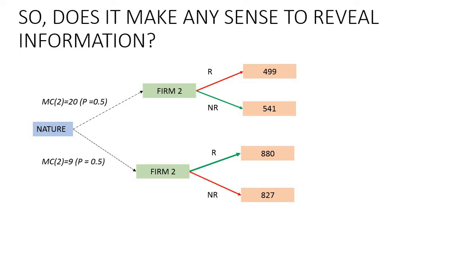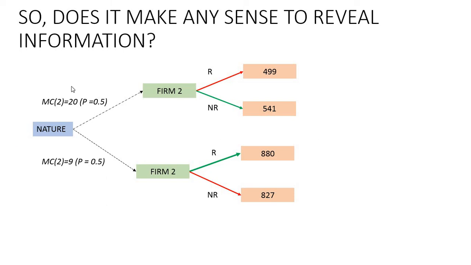So first, again, under any game with asymmetric information, first nature decides whether marginal cost of the second firm is equal to 20 or 9. Firm 2 knows this information, the first firm does not. So the first firm can only know whether the second firm reveals or does not reveal information about marginal cost.